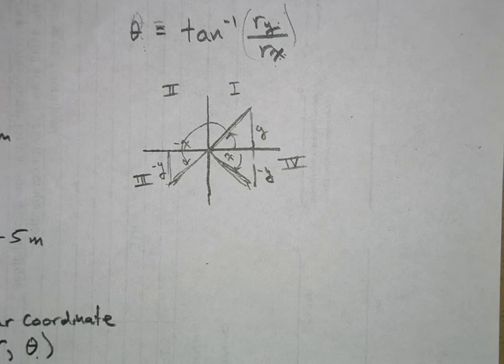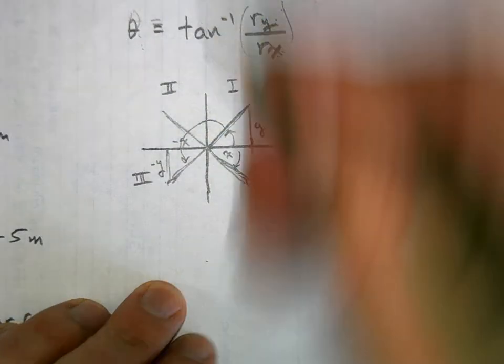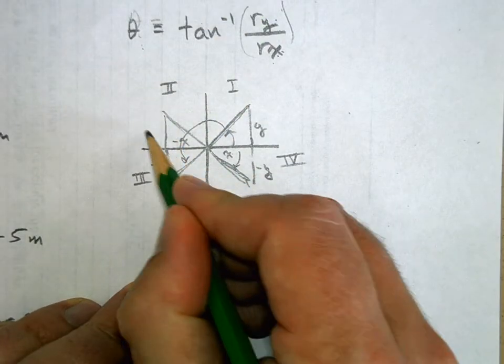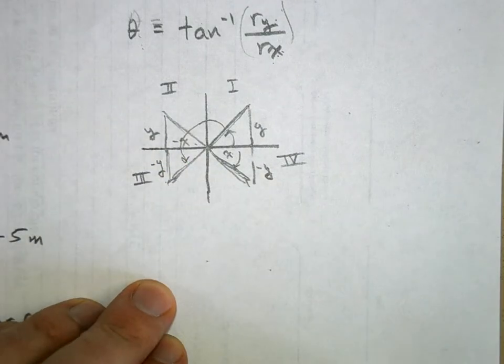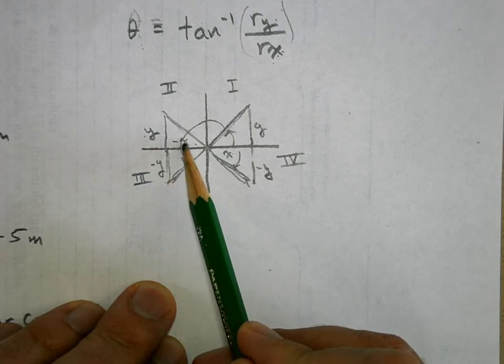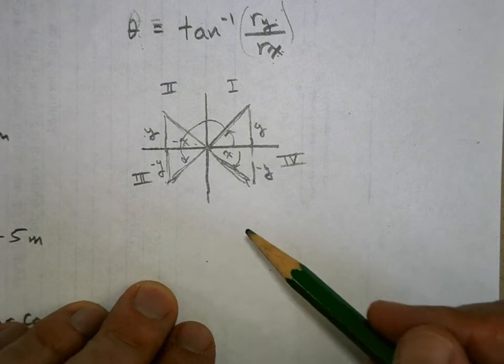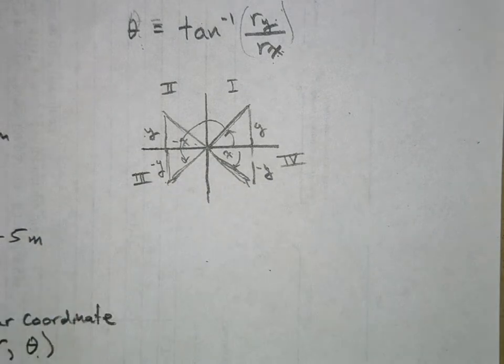But what happens if your xy coordinates are over here? Here you have positive y but negative x. Well, a positive divided by a negative has the same sign as a negative divided by a positive. It's ambiguous.